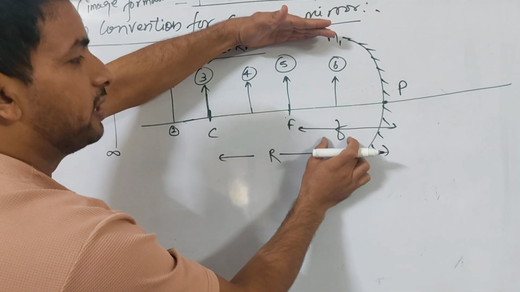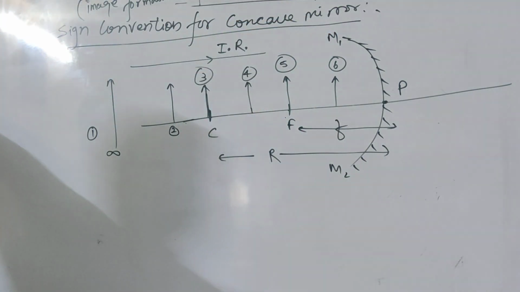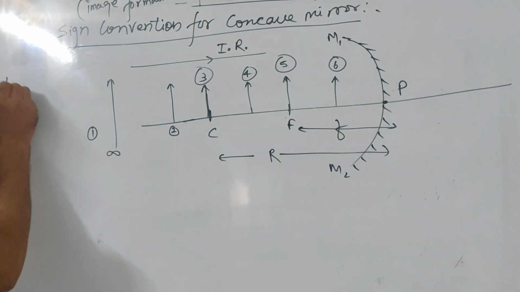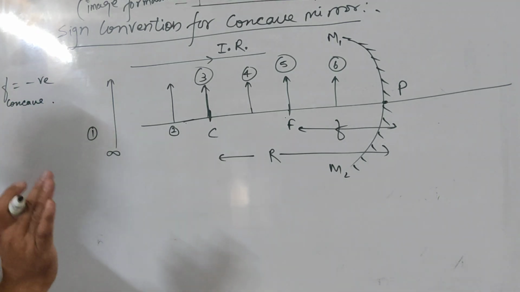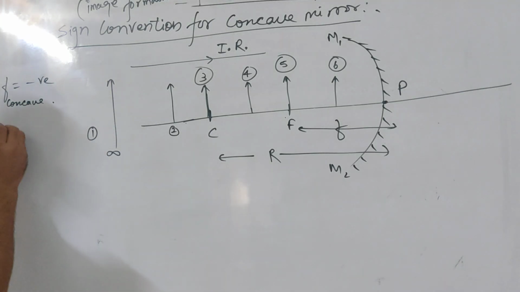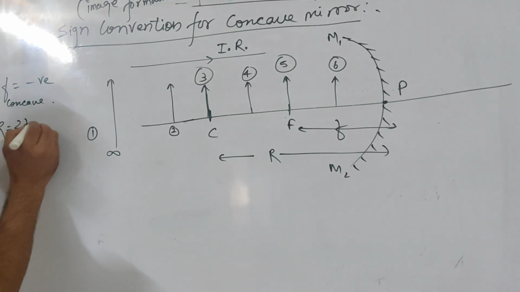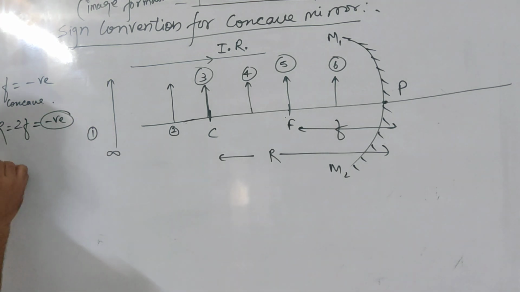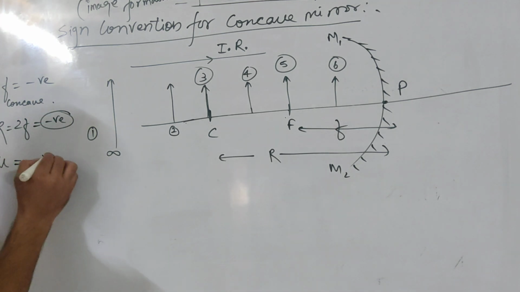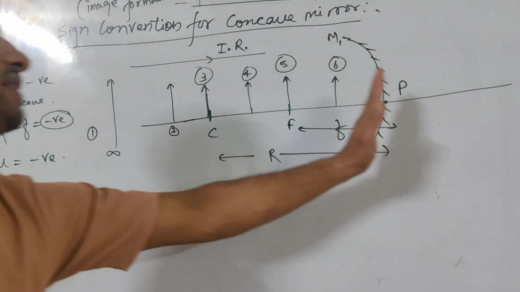In this situation, you will take it as a negative sign. So f is always negative for concave. Listen carefully, for concave, f is taken as always negative. R means 2f, which is also taken as negative for concave only. u must be taken as always negative. u is this side only.